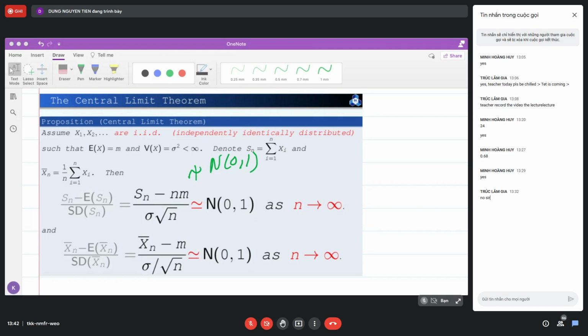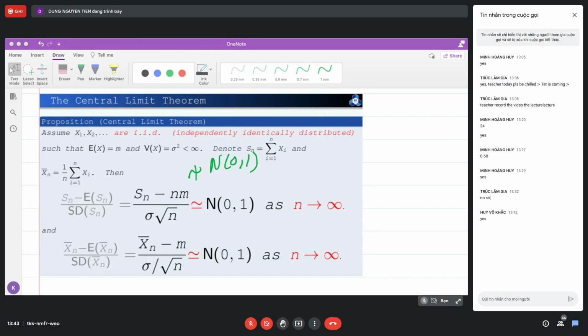But you should understand the key point, the meaning of the theorem. Okay, so they don't follow the standard normal distribution, but they approximately follow the standard normal distribution if n is big enough.